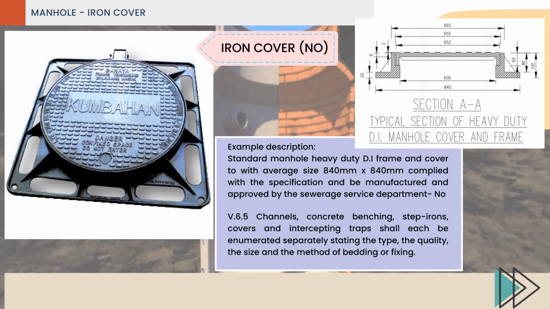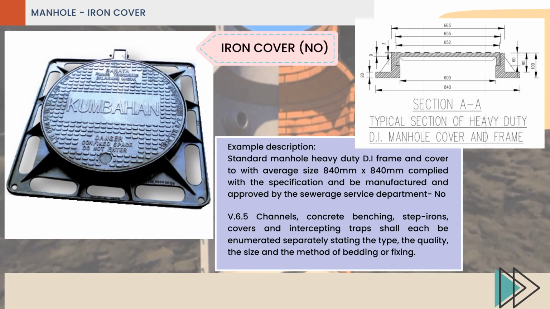Next item is iron cover. As we can see on the right side of the slide, this is the typical section of heavy-duty ductile iron manhole cover and frame. Example description is standard manhole, heavy-duty ductile iron frame and cover, with average size 840 mm times 840 mm complied with the specification and be manufactured and approved by the Sewerage Service Department.